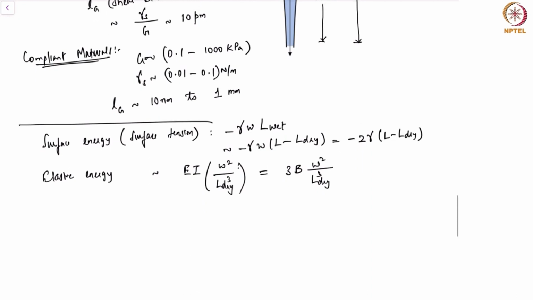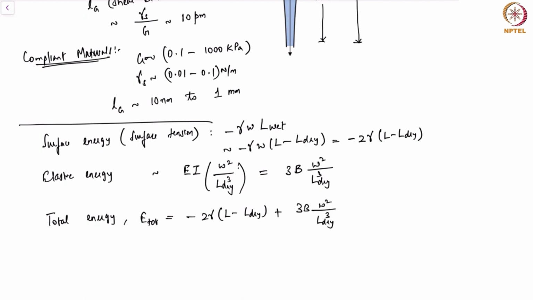So we can write down the total energy. The total energy, we'll call it E total, and this will simply be minus 2 gamma times L minus L dry plus 3B W square by L dry cube.